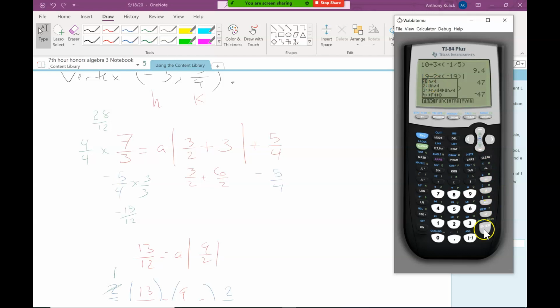And if I pick that n over d command, I can do 7 over 3, just like it appears on my sheet of paper. And then minus alpha y equals n over d, 5 over 4, and hit enter, and it'll give me exactly what I'm looking for, still as a fraction, which is awful nice.